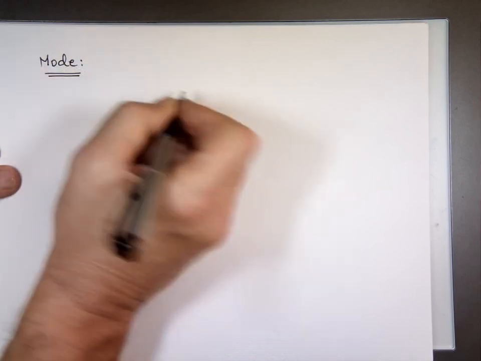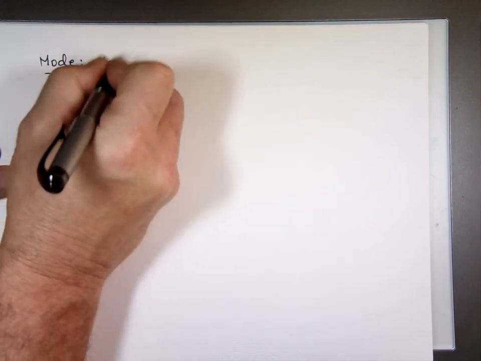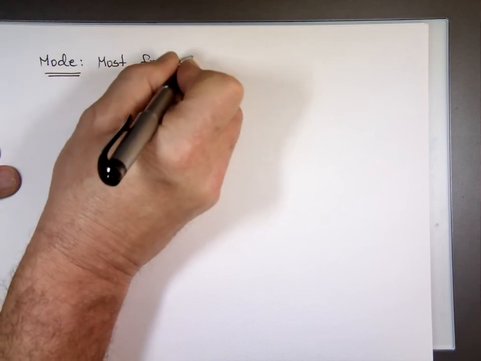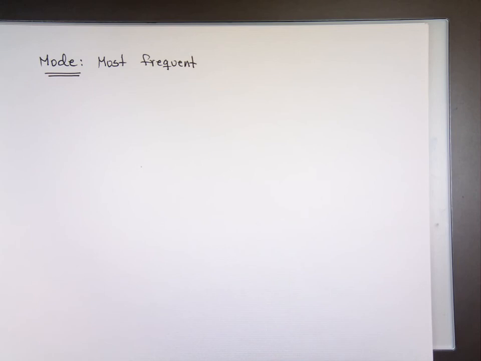The mode. Mode is what? Most frequent, right? Which number showed up more often than the rest of them? So if I give you these values, I say, oh, these are the first results on quiz 1.